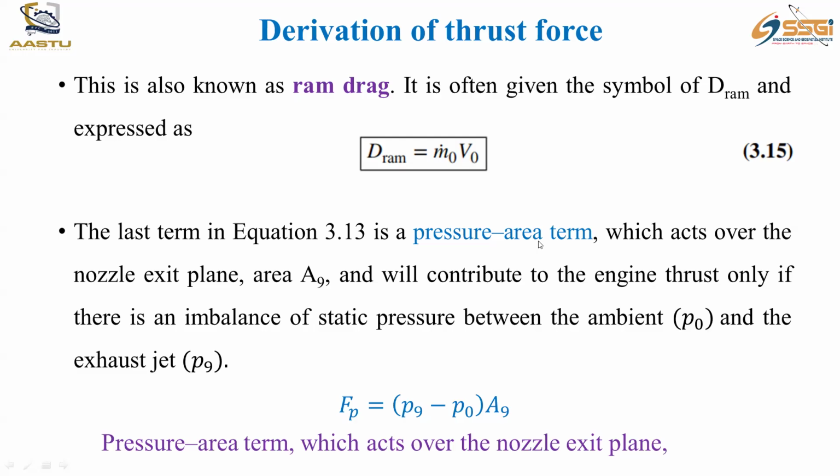Again, this ambient pressure is also static, it is the pressure of the atmosphere, which we know. But P9 is the exhaust jet pressure. So both of them are static in nature. If P9 is greater than P0, the condition is there. If P9 and P0 are equal, then the pressure thrust becomes zero.